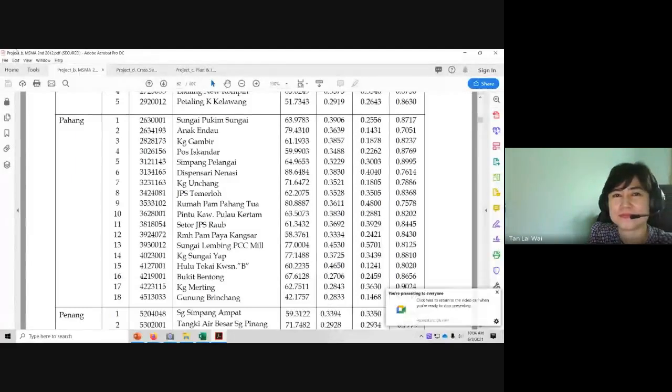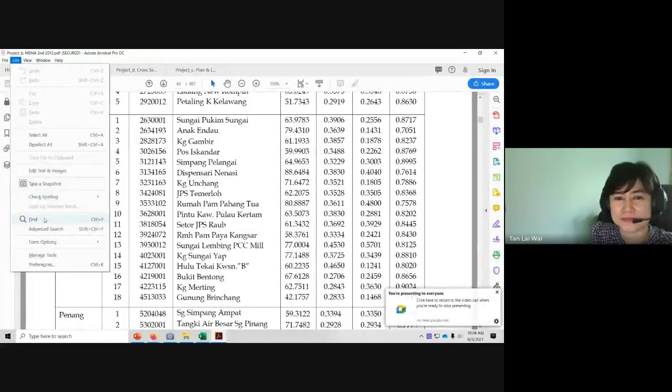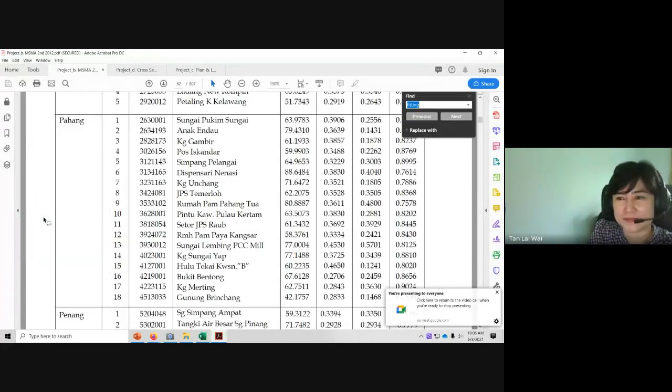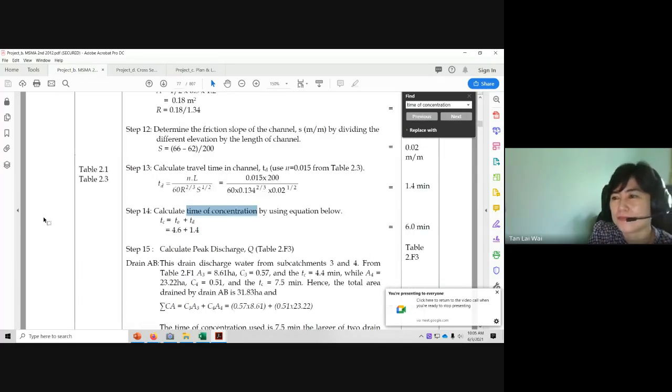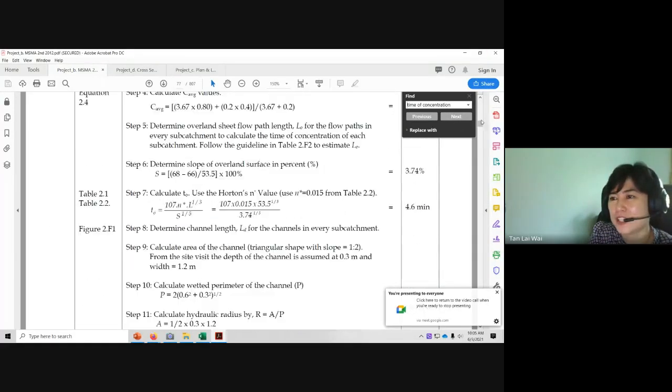Okay, kejap saya tunjukkan. Sekarang ni masih present whole screen ke? Belum kan?